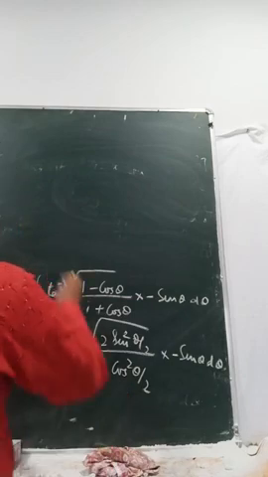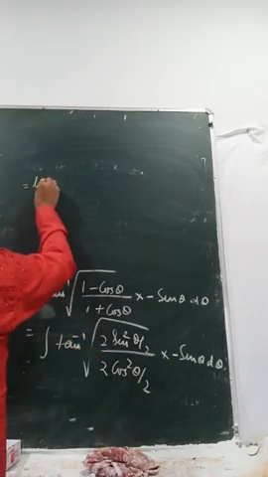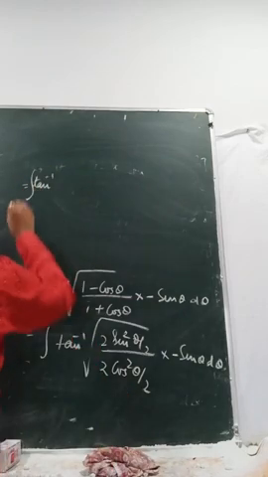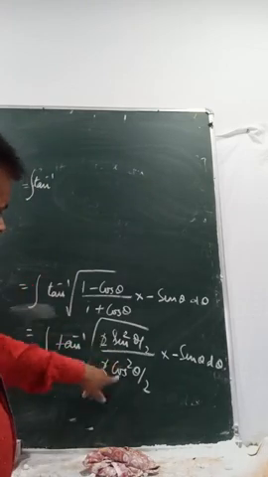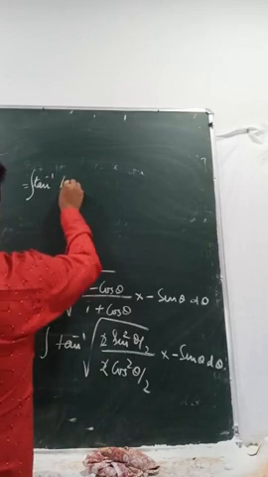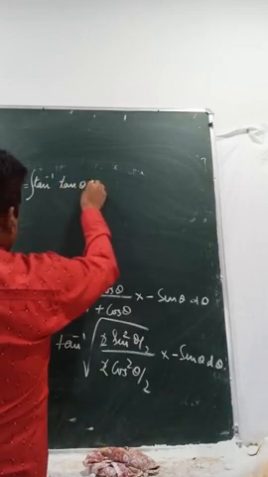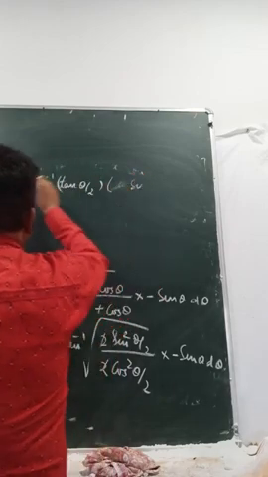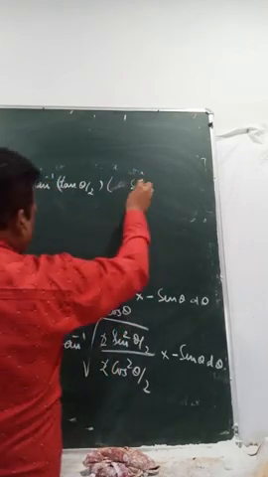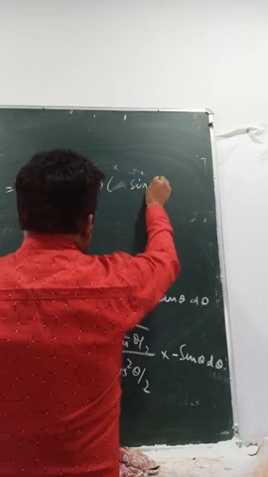So conclusion is tan inverse tan theta by 2, minus, or minus theta outside, sin theta d theta.